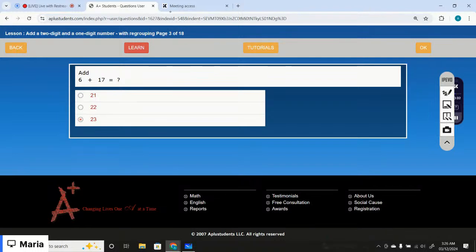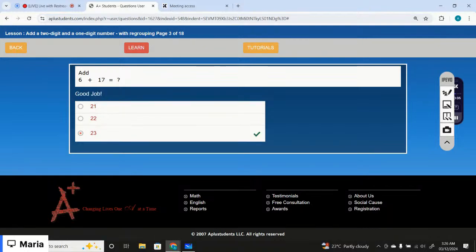That is 23. Option number 3 is the correct option.